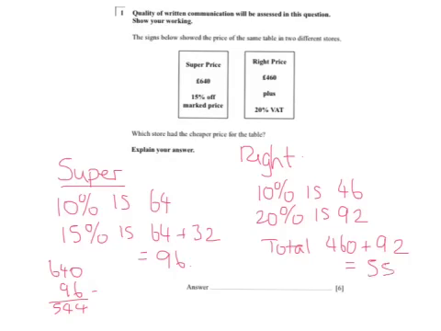That's £552. Therefore the cheapest one must be the super. But in this case you should really be quoting how much it's cheaper by, and the answer is £8.